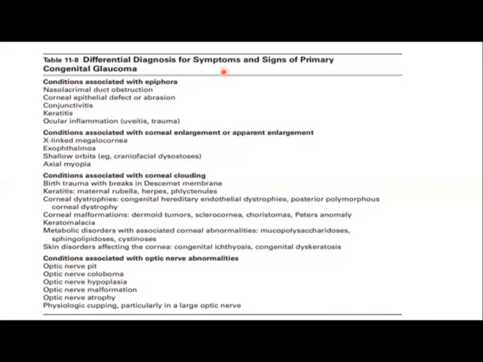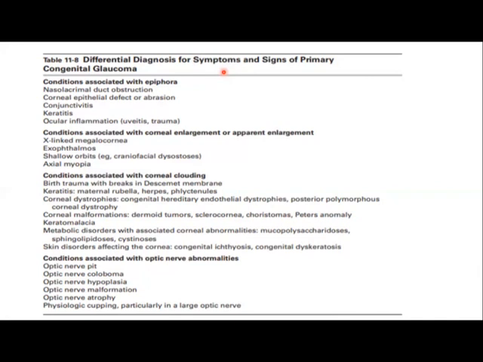Yes, sir. What is the success rate of trabeculotomy? Actually, the trabeculotomy success rate is good, and the baby's cornea will be cleared, and the patient can see. And as we know, the cupping will be reversible. So the baby will do very nicely till 12 or 14 years.